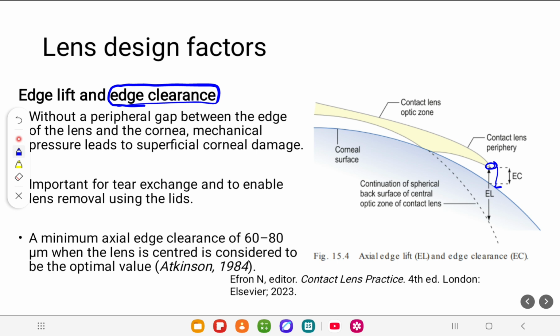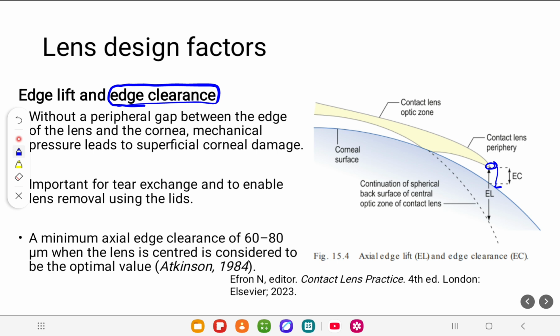That is going to be quite dramatically bad. So it is important for tear exchange, and to enable lens removal using the lid. Lens removal is not a big factor, as we can remove by another technique too, but we don't want the extreme periphery of the contact lens to impinge on the conjunctiva.